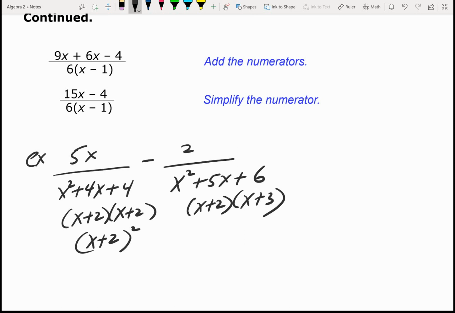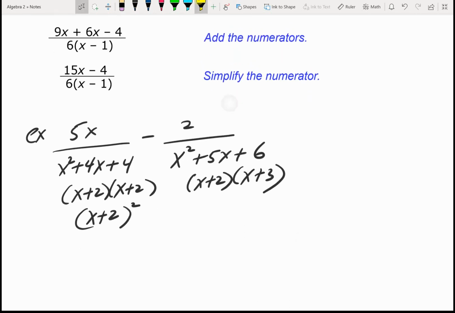What I want you to notice here is that I have an x plus 2 in both denominators, but the LCM has to include the one with the highest exponent. So my least common multiple has to include the x plus 2 squared, and then the other factor, x plus 3.